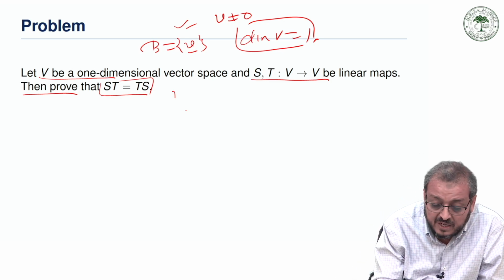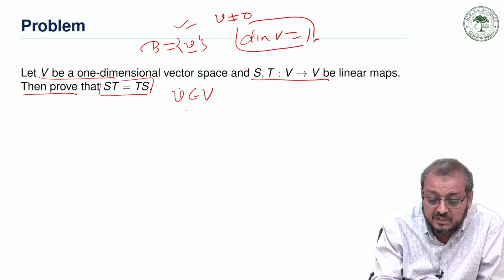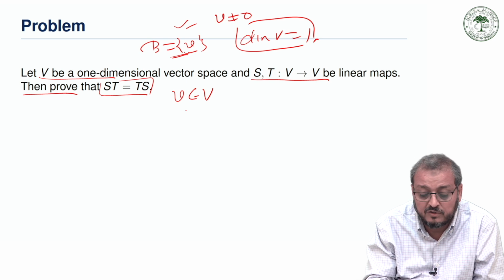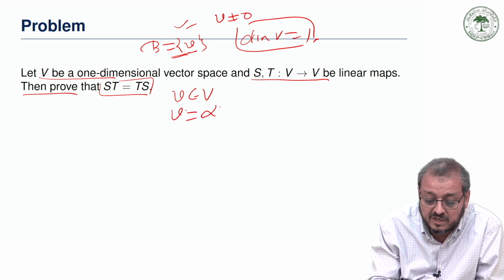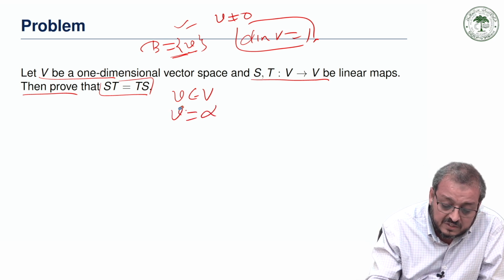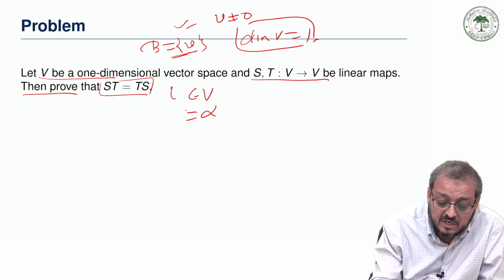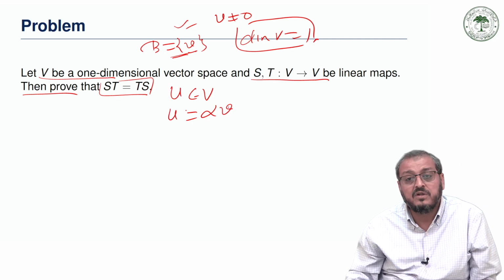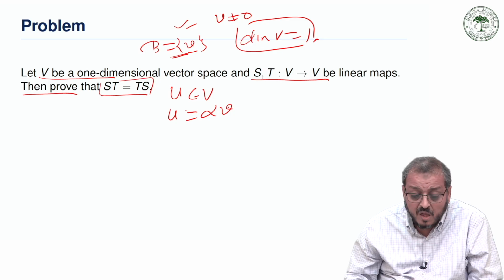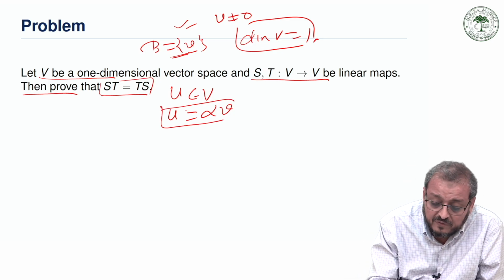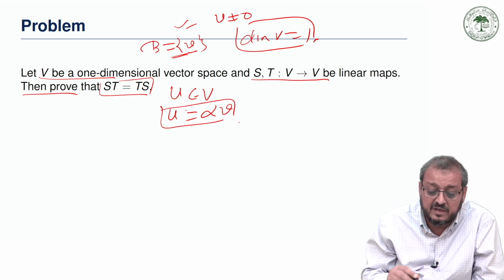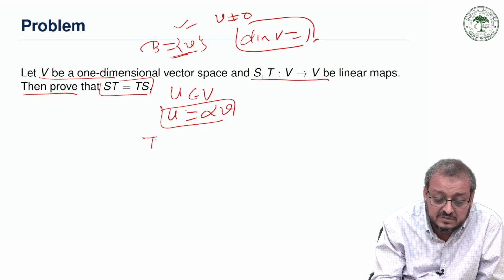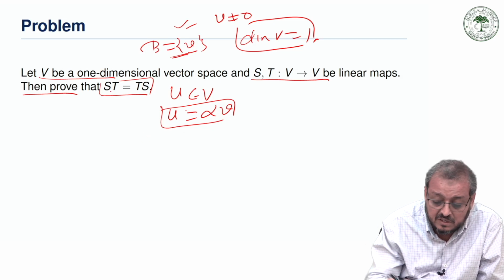So any arbitrary element belonging to V can be written as a finite linear combination of the elements of the basis. So U, an element of V, can be written as alpha times the element of the basis. Okay, so by this basis element we can say that S and T are linear maps, and we just prove that ST is equal to TS.